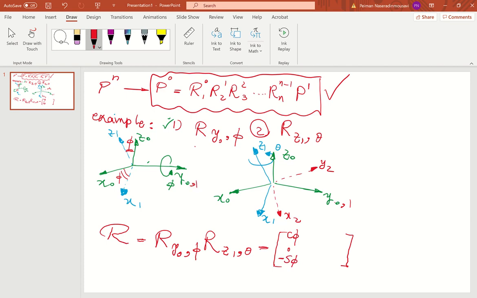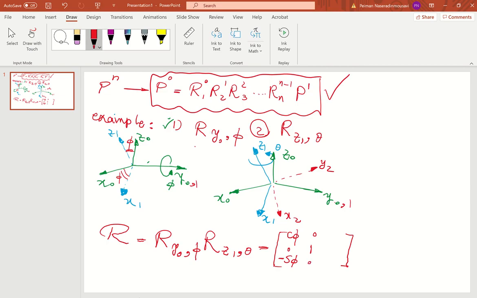Now y1 is fixed because we are rotating around y0. So y1 with respect to x0 is 0, y1 with respect to y0 is 1 because they are parallel, and y1 with respect to z0 is again 0.